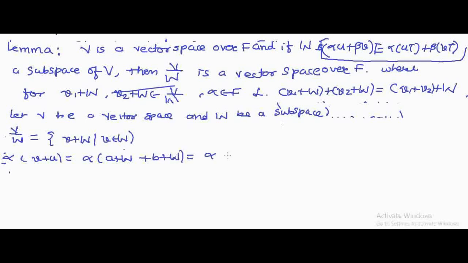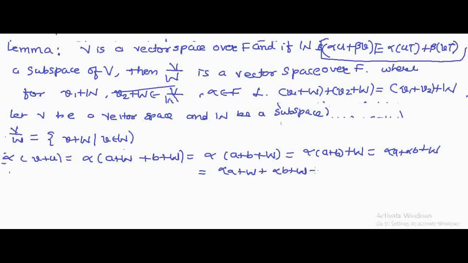This is equal to alpha times ((a + b) + W). By definition of scalar multiplication, this is (alpha(a + b)) + W. This is equal to (alpha a + alpha b) + W, or this is equal to (alpha a + W) + (alpha b + W) equal to alpha times (a + W) + alpha times (b + W), or this is equal to alpha v + alpha u. First property of the vector space is satisfied.